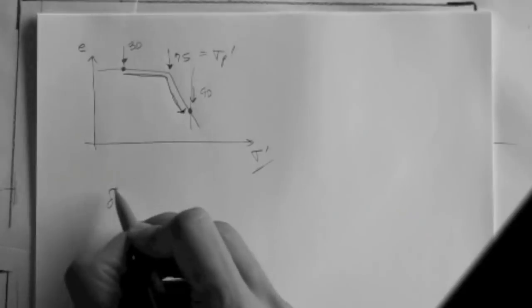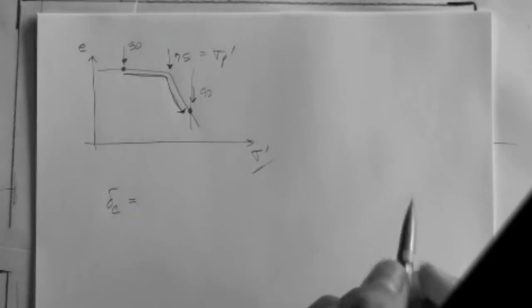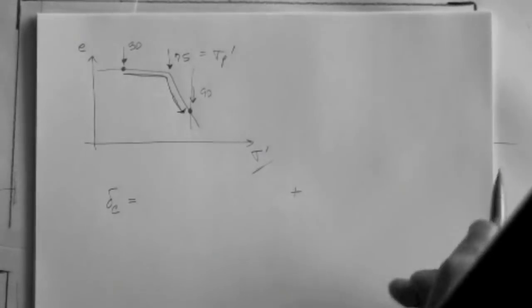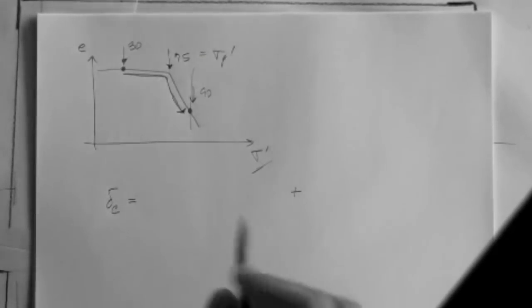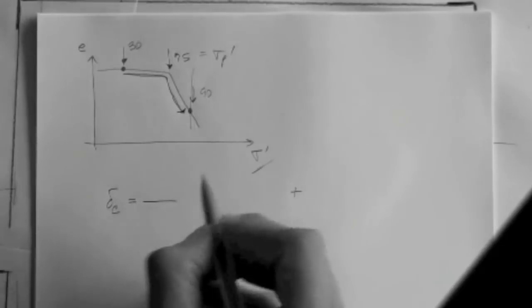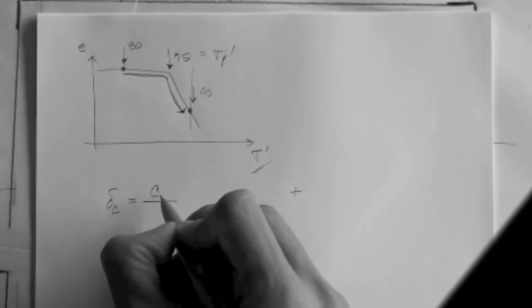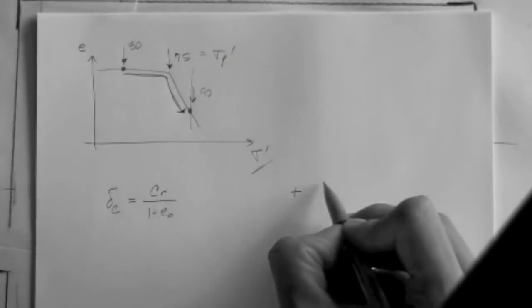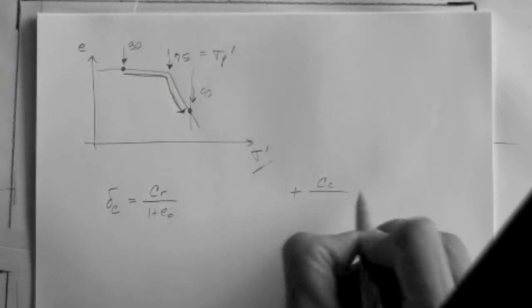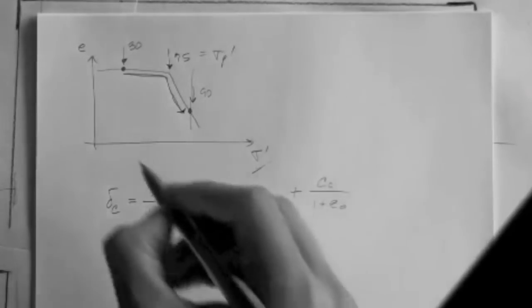So here we write the equation. The equation has to have two portions, the first portion and the second portion. The first portion, the slope is C sub r over 1 plus e naught. The second portion, the slope is C sub c over 1 plus e naught.